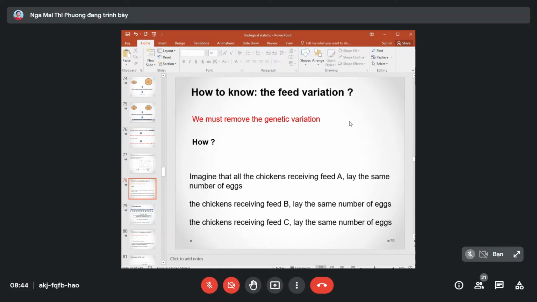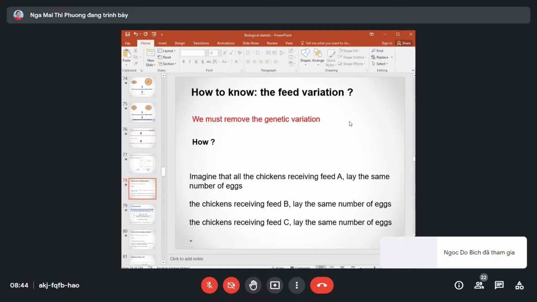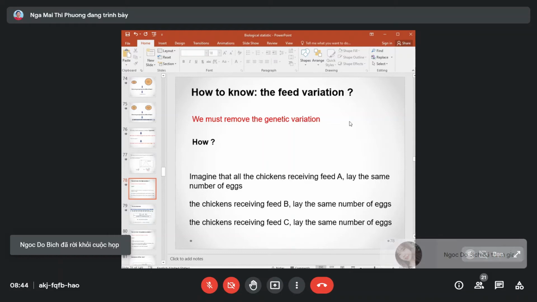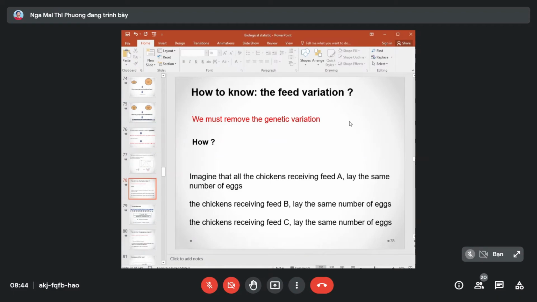Okay. So to know the feed variations, we must remove the genetic variation. So we imagine that all the chickens receiving feed A will lay the same number of eggs, because they don't have genetic variations. The chickens receiving feed B will lay the same number of eggs as well, and for feed C as well.